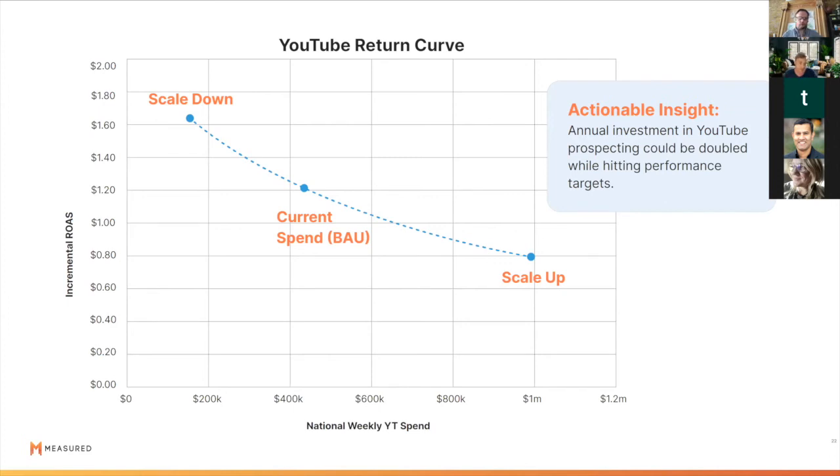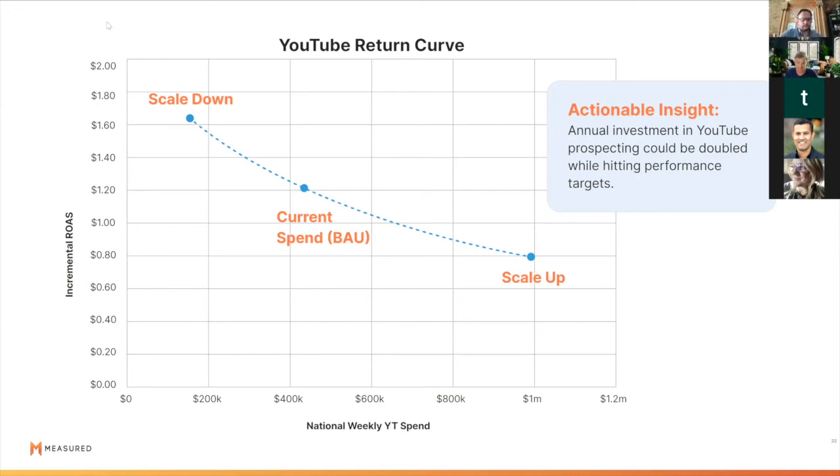They saw a very high ROAS, which is to be expected. When they held out their media, which would be the middle dot, they still saw a very high ROAS, $1.20 incremental ROAS, and that's for their business as usual spend. So they were overperforming on their business as usual budget.